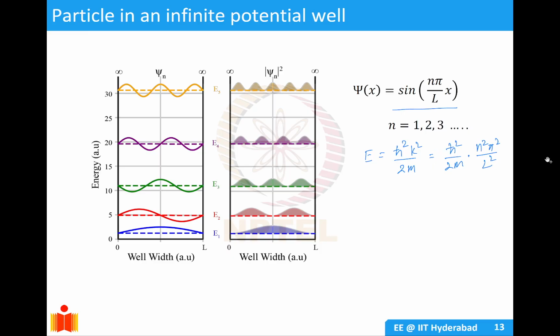Using this we can get the energy, and we can also get psi of x, which is sin kx, which is sin n pi by L x. And then using both of these values, we can plot the wave function as well as the energy in each region.